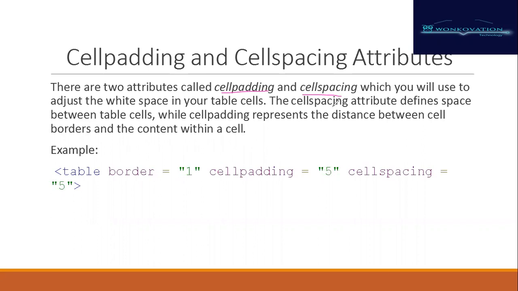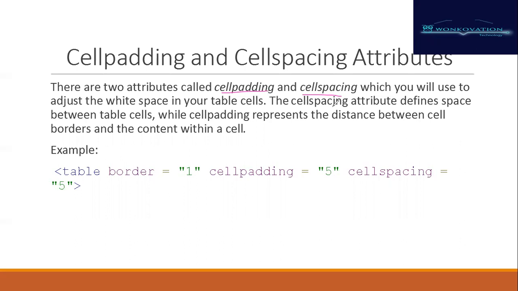The cell spacing attribute defines the space between the table cells, while cell padding represents the distance between the cell's border and the content within the cell.